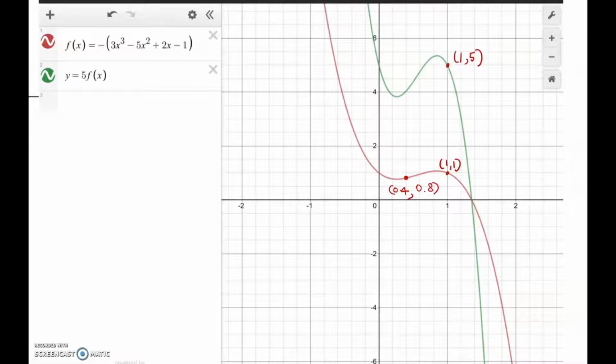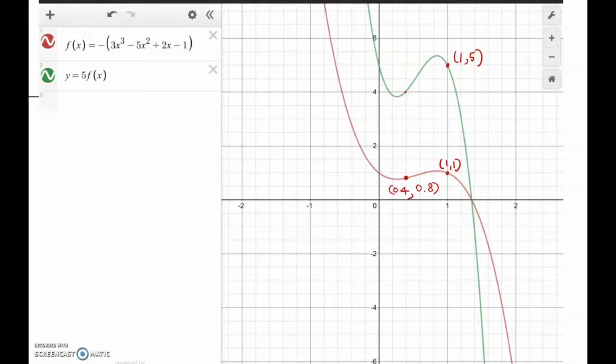Okay, and so when that point gets stretched by a factor of 5, the x value stays the same, it's still 0.4, but the y value should technically get multiplied by 5. And 0.8 times 5 would be 4. So this y value gets stretched all the way up to here, which now has a y value of 4, and that looks about right.